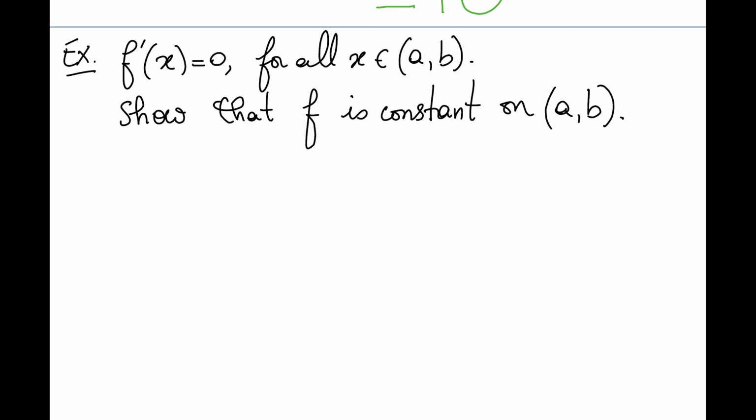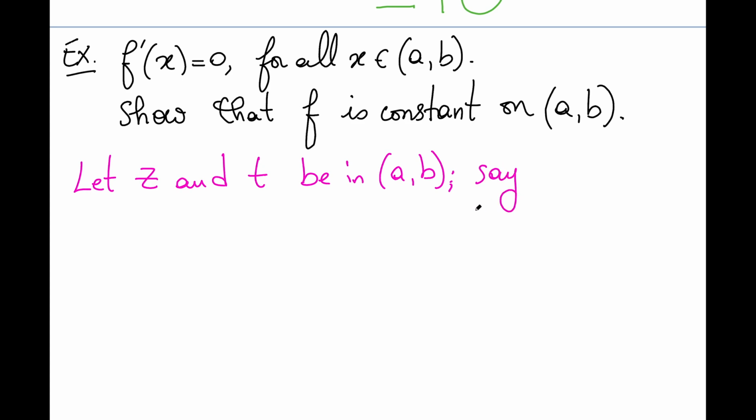Let's call them, I don't know, Z and T. So let Z and T be in AB, such that Z and T are not the same.